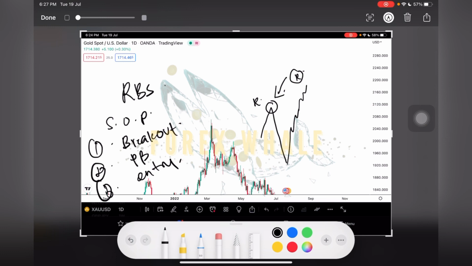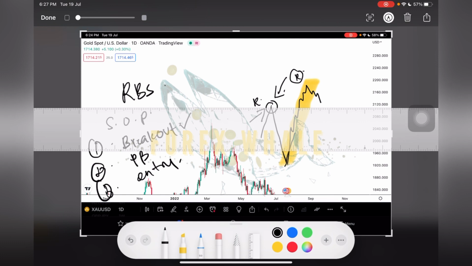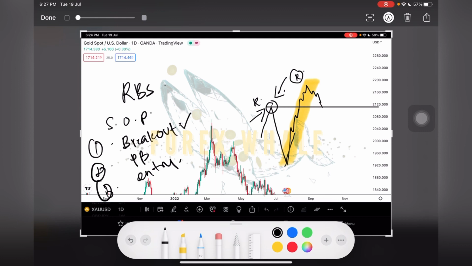So this is your SOP. Once you see a breakout, the first step is done. Price pulls back and comes back at this particular resistance here. When price comes back at that area, you can immediately place your trades, instantly here, with hopes that price would go all the way up.